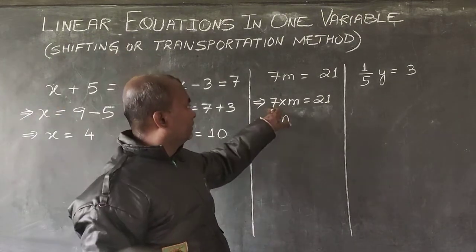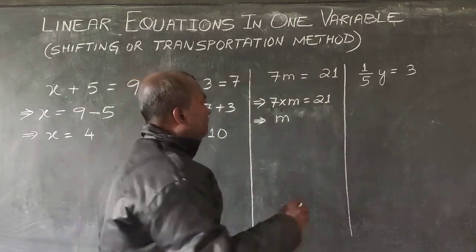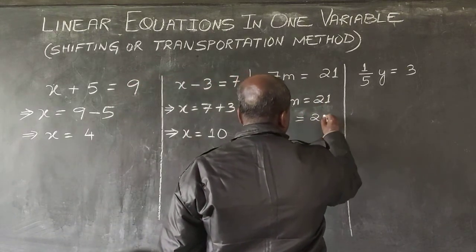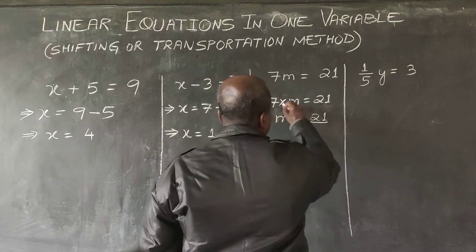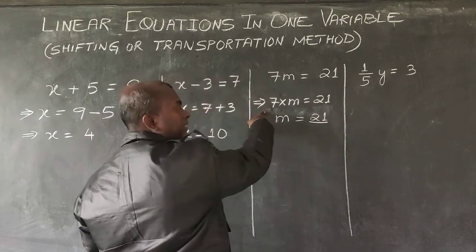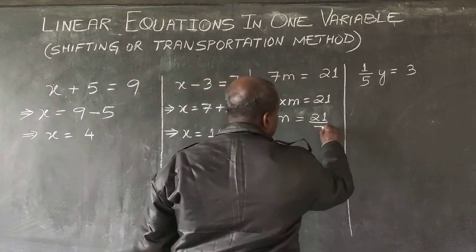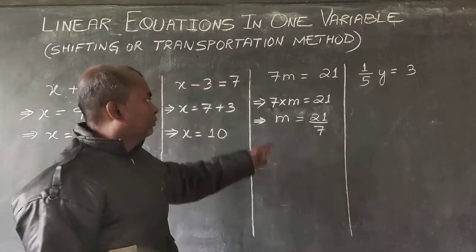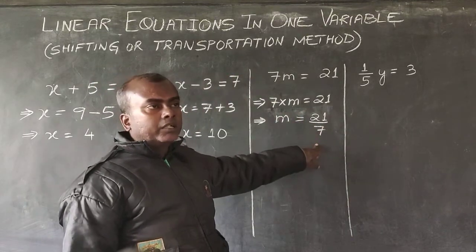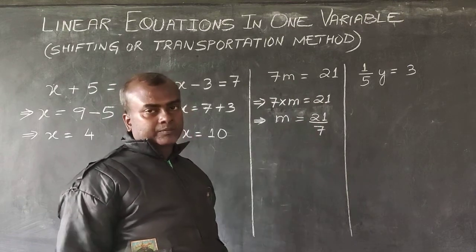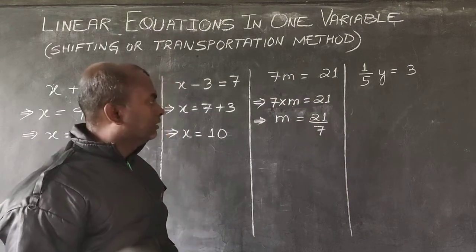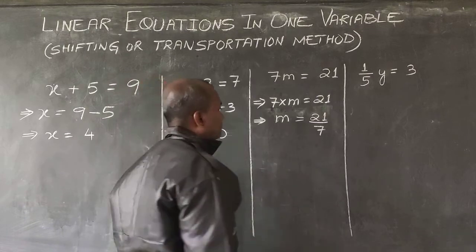So here also 7 will go and change its position, but when it goes on the other side, it will not be as multiplication like it was there in the left side. When it goes on the right side, it will become as division. So 7 will go on the other side, but it will now go in the denominator. Okay, it will be a divisor.